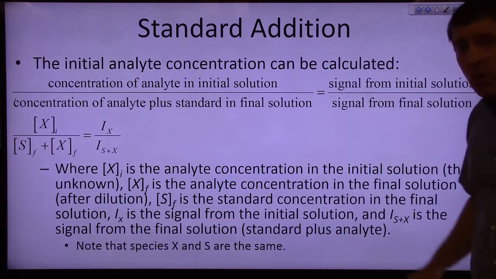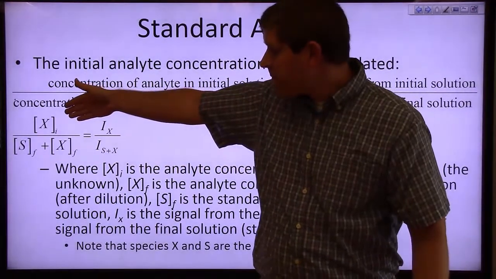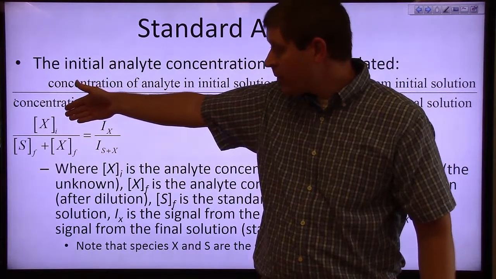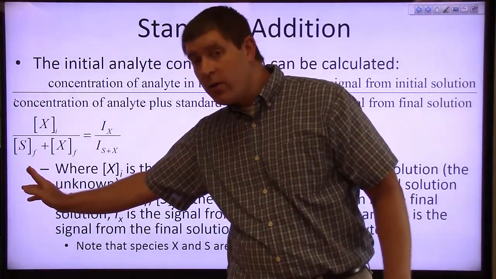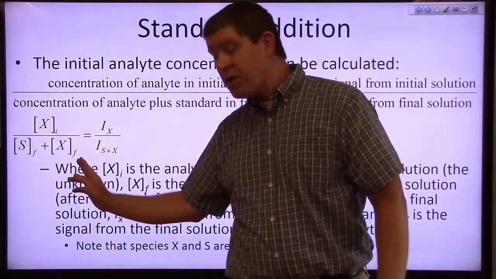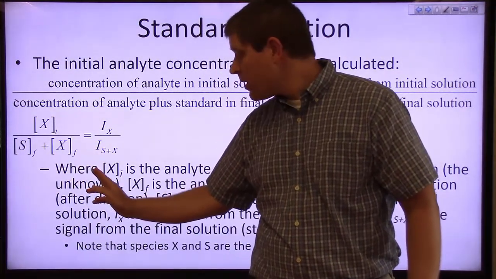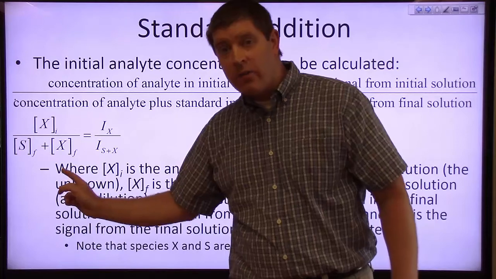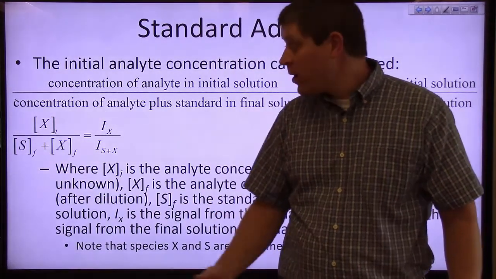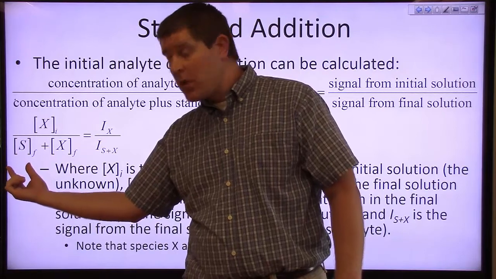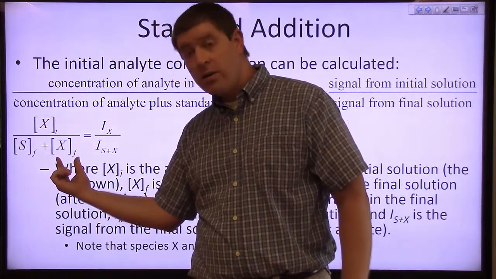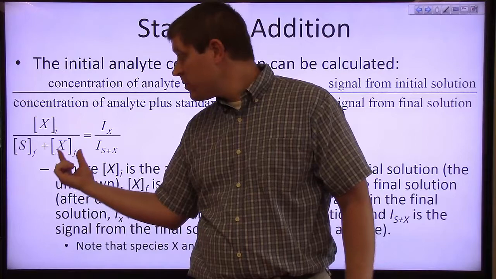Now we can write that out more mathematically like so, where we have concentration of X in the initial solution divided by concentration of our standard in the final solution plus the concentration of X in the final solution. Now note here that S and X are the same chemical species, but we know the concentration of the standard that we added. We don't know the concentration of X that's in the final solution.